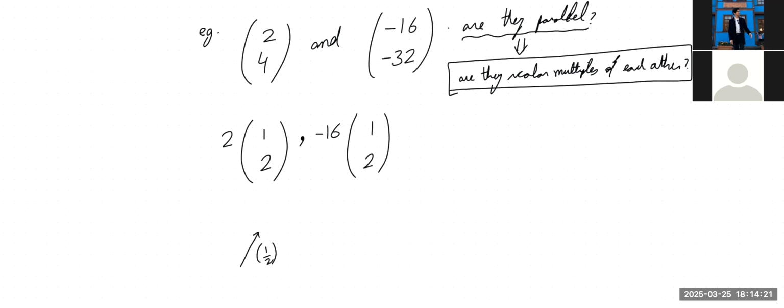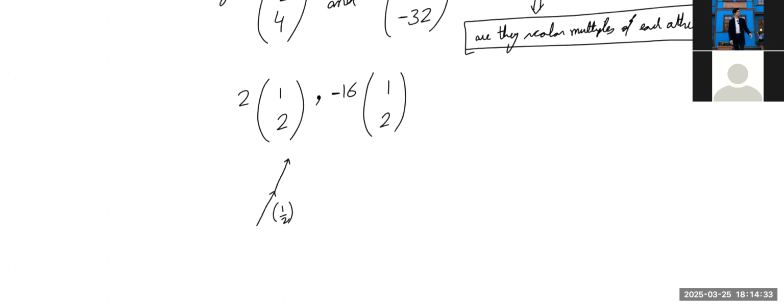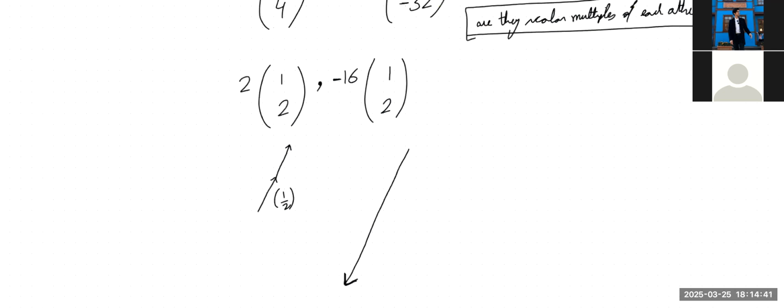So what does minus 16 times 1, 2 mean? That means the negative flips it. It makes it turn the opposite way. So it's going to be 16 times as long in the opposite direction. Because remember, vectors have directions. Because now you're saying that it's 1, 2 in the negative direction with 16 times the length.